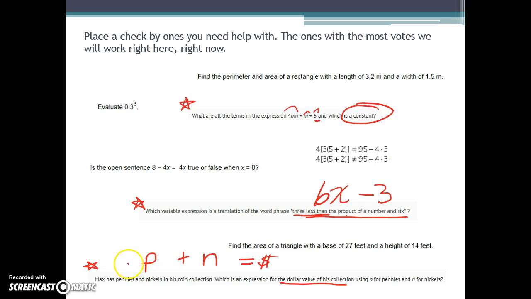Well, how much is a penny worth? It's worth 1 cent. 1 cent times however many pennies he has will be the value of all of the pennies. What about a nickel? 0.05. 0.05 times the number of how many nickels he has will give you the value of that amount.